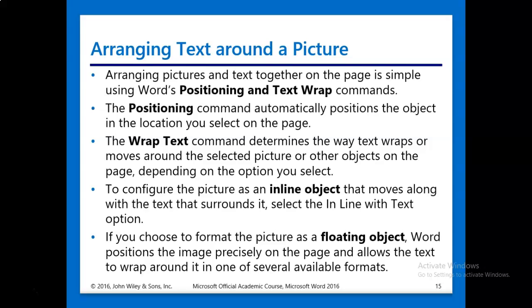To configure the picture as an inline object that moves along with the text that surrounds it, select the Inline with Text option. If you choose to format the picture as a floating object, Word positions the image precisely on the page and allows the text to wrap around it in one of several available formats.